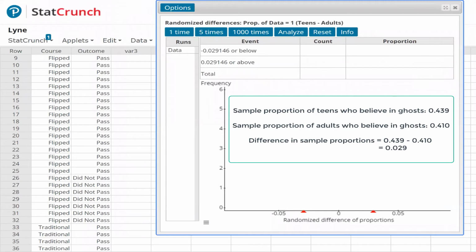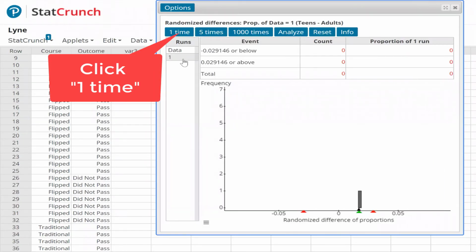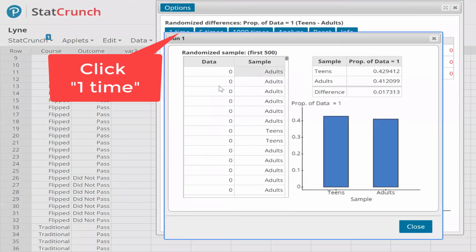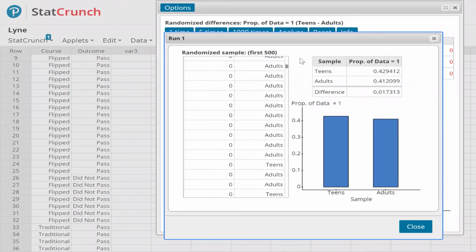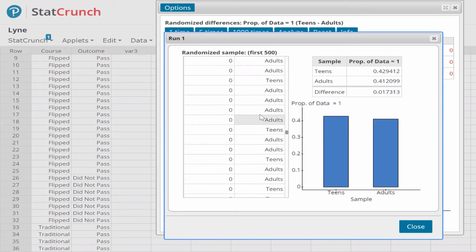So here we're saying your belief in ghosts has nothing to do with whether you're a teen or an adult. If you look at this raw data here, a 0 means you don't have the characteristic, a 1 means you do. We're basically going to randomly assign adult or teen to the outcome, is the idea. Meaning whether you're an adult or a teen has nothing to do with whether you're a 0 or a 1.